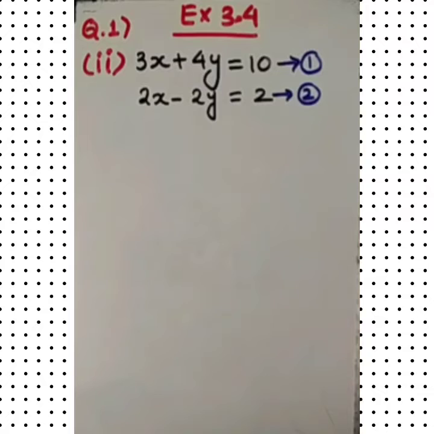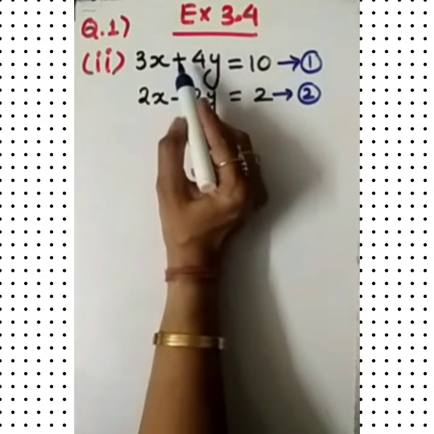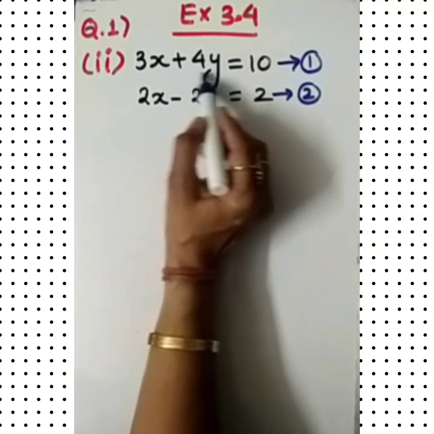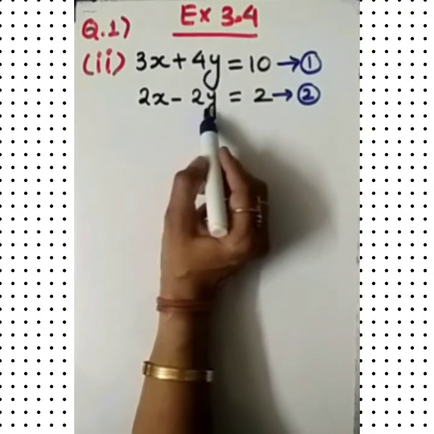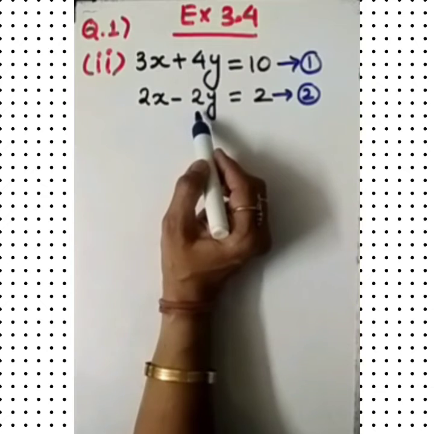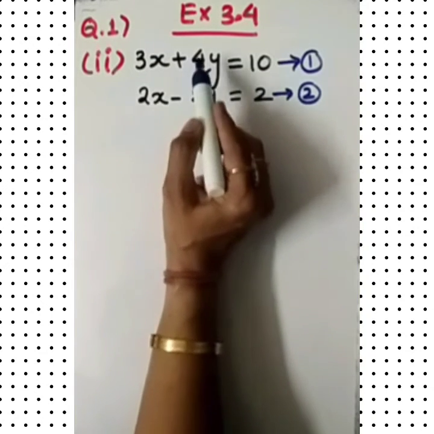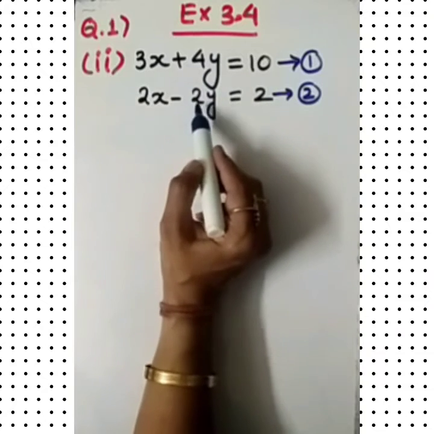Now just be a keen observer and try to find which variable has the opposite sign. You can say this is plus 4y and minus 2y. They both are in opposite sign here. So in this case, we need to make this coefficient similar.